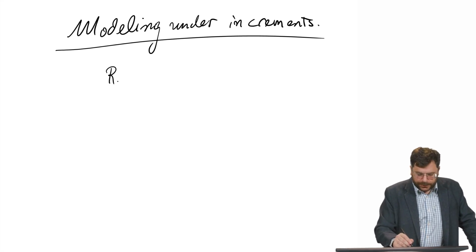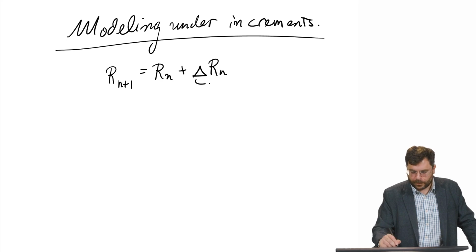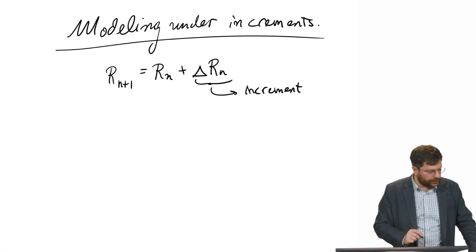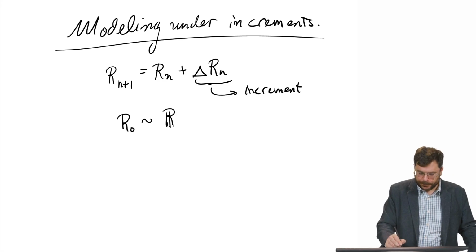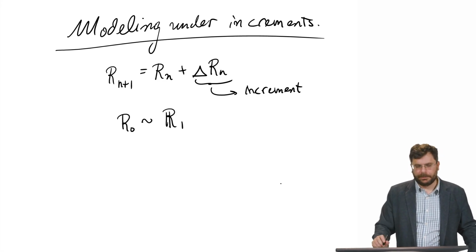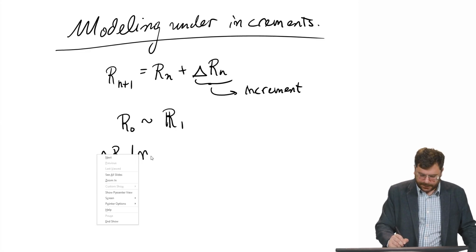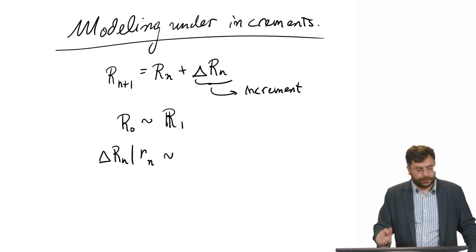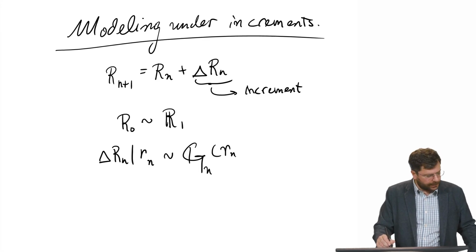So assuming that you have some kind of change, in this particular case, we'll say, for example, that my state at Rn plus 1 is my old state plus an increment, which we'll write as follows. And then I will say that my initial condition is drawn from some R1, and then my increment, given my previous position, is drawn from some distribution, which I'm going to call Gn of Rn.